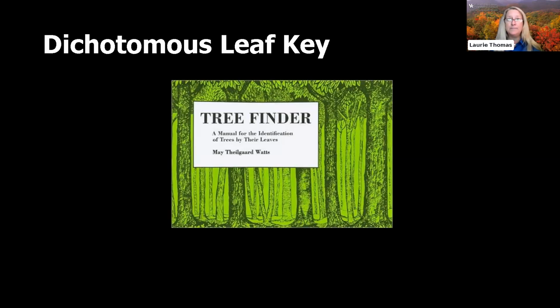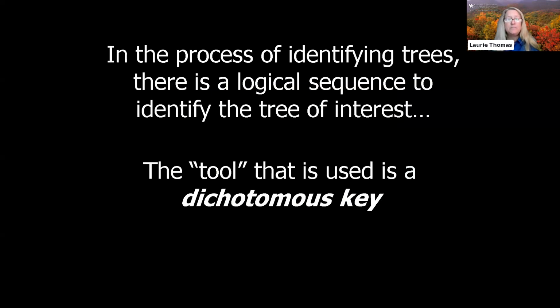They do make several other finders. There's one you can use when trees don't have their leaves, called the twig finder. If you've not used a dichotomous key before, many of you probably have in a science class, maybe not with trees, maybe with insects or something else, but it's simply a logical sequence to identifying the tree of interest.